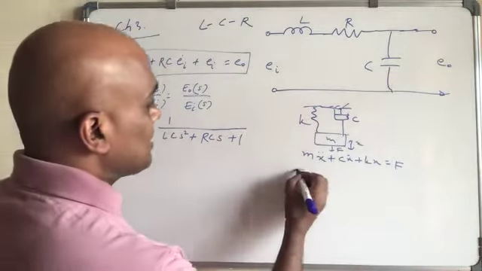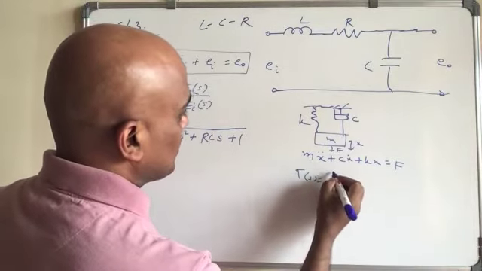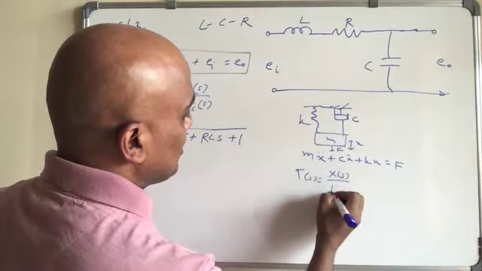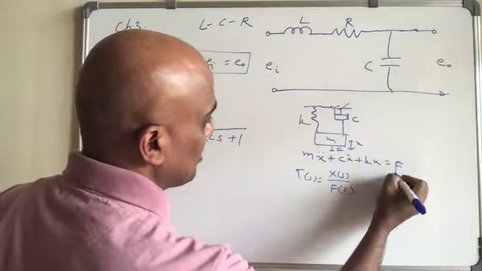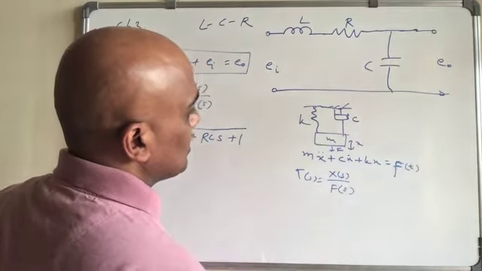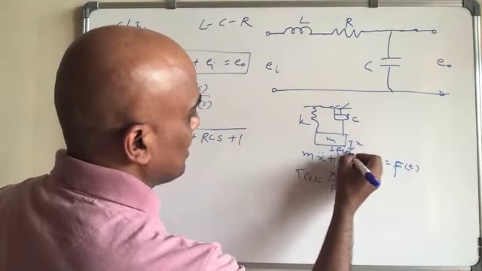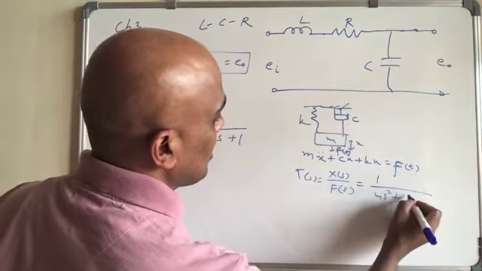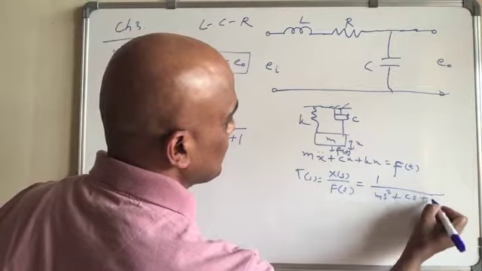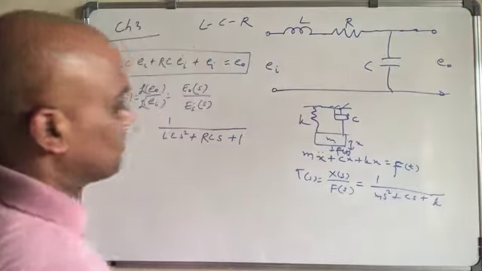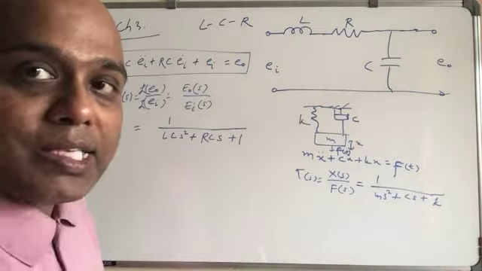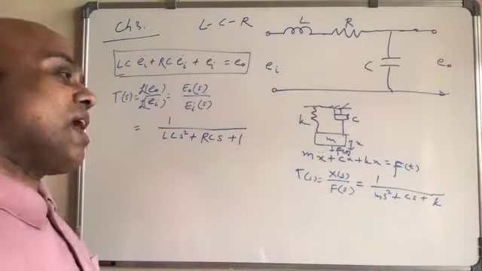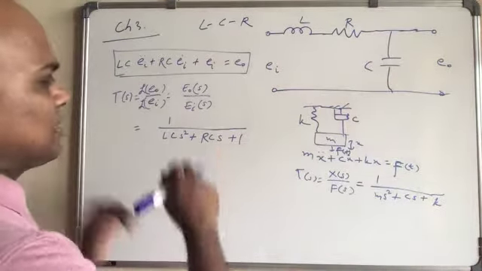In this case, the transfer function is equal to X(s) over F(s), where small f is the function of t, which is equal to 1 over m s square plus c s plus k. Okay, so when we go to chapter 5, we will find out the response basically.